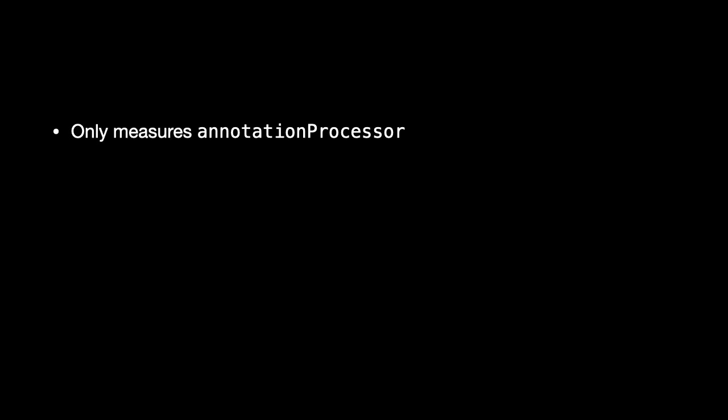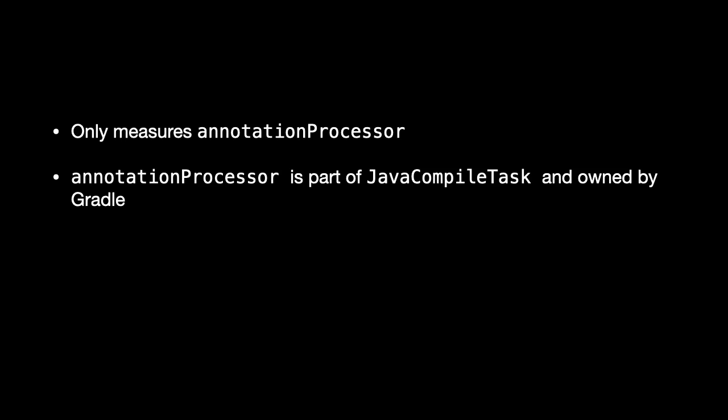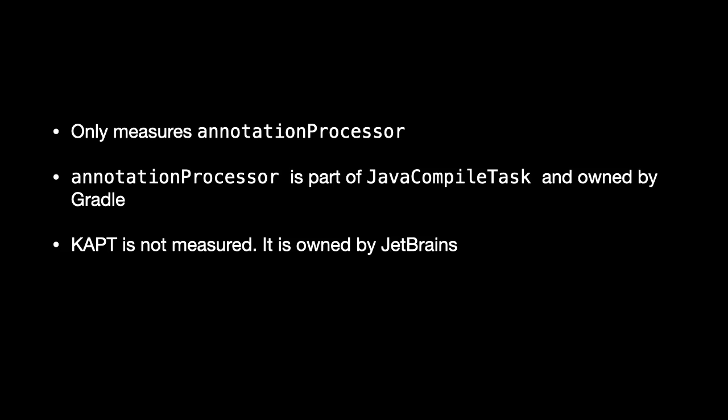The only downside to this is this only measures annotation processor because it's the compile Java build operation type result. So if you're using kapt, this will not measure it. This is because the Java compile task is owned by Gradle, as is the annotation processor, but kapt is built by JetBrains. But the build scan plugin is closed source.